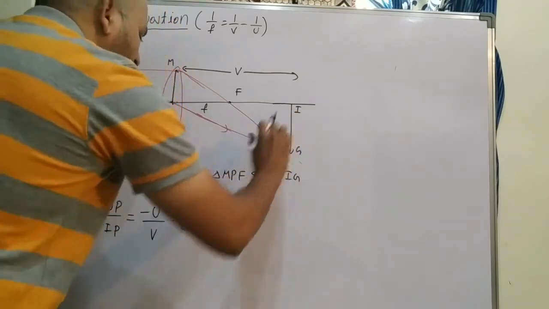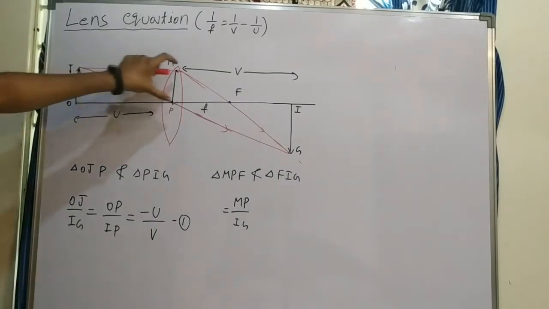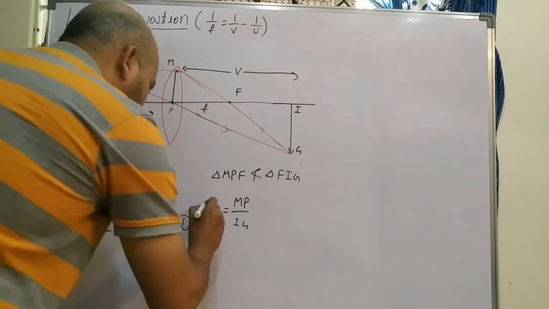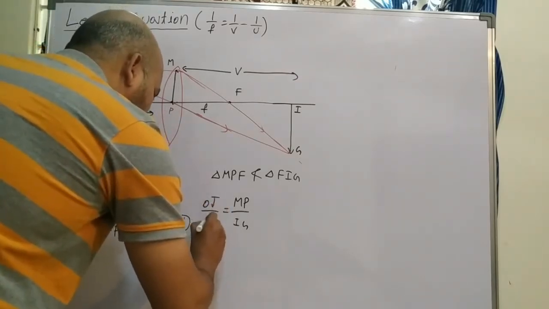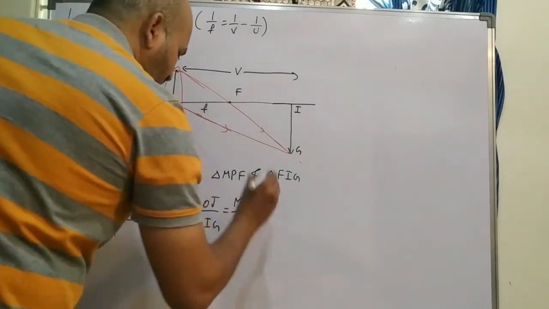MP by IG. We already know these two are parallel lines, and the heights here to here are both the same. Here OJ means MP is nothing but OJ only. That you can write as OJ by IG.